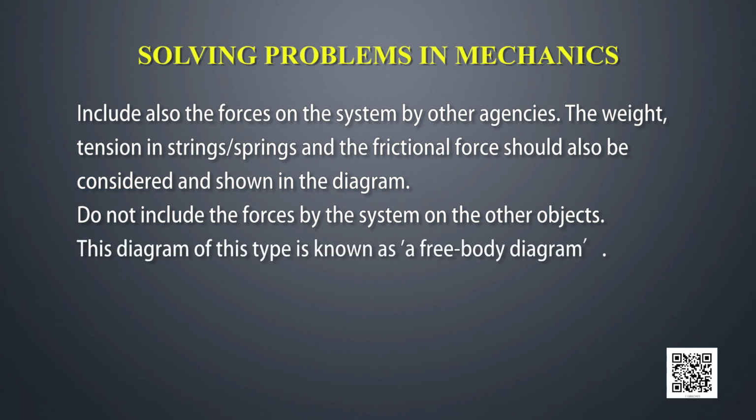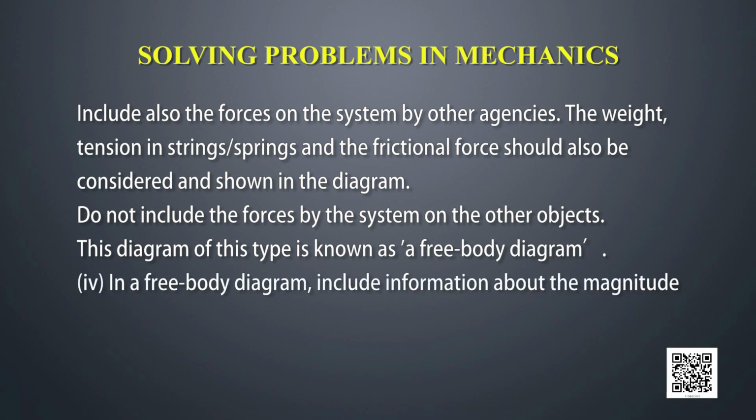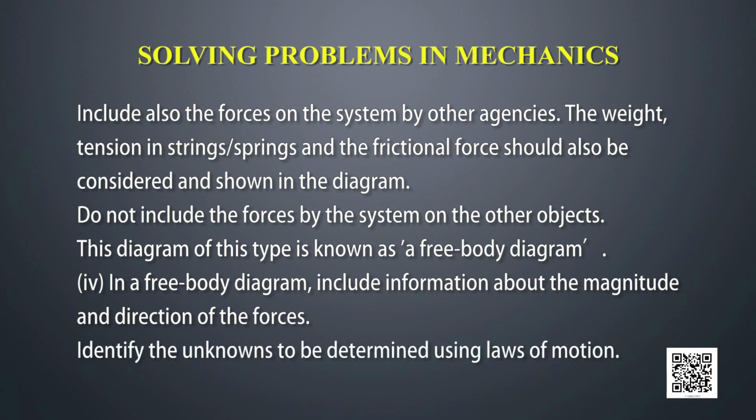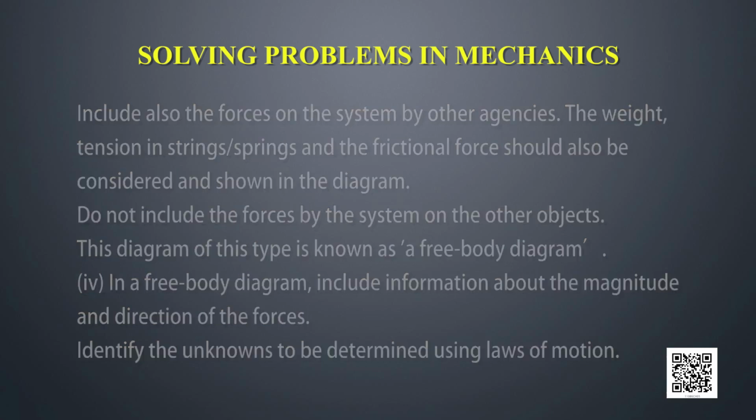The diagram of this type, which shows the block and the forces, is known as free body diagram of the block or the part of the system. In a free body diagram, we include information about the magnitude as well as the direction of the forces. Identify the unknowns to be determined using the laws of motion.